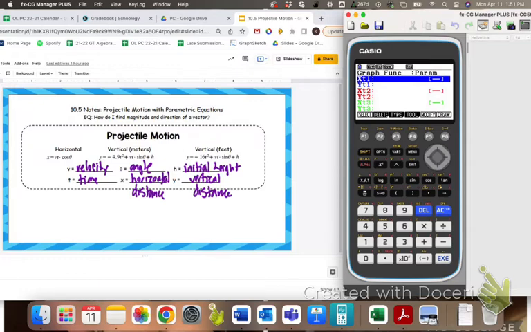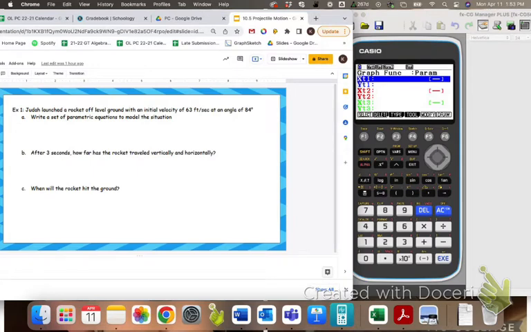All right, so let's go ahead and start by actually writing one of these equations. The first thing we have is Judah is going to launch a rocket off level ground with an initial velocity of 63 feet per second and an angle of 84 degrees. So we're going to write a set of parametric equations. That means there's an X equals equation and a Y equals equation.